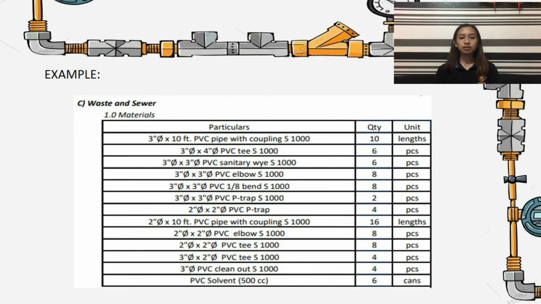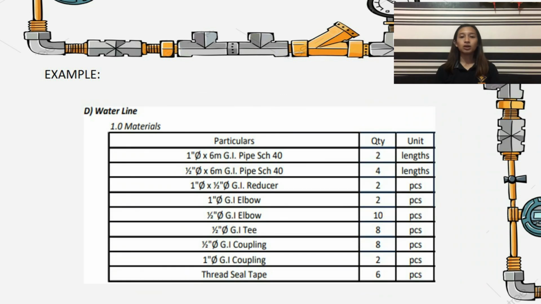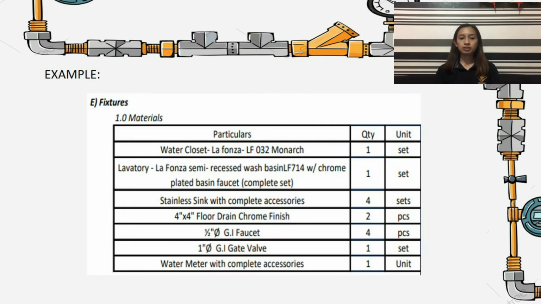So for example, in the septic tank, the materials needed were listed as well as the quantity needed and the unit. The materials needed for each part, so the septic tank, catch basin, the waste sewer, the water line, and the fixture were listed differently.